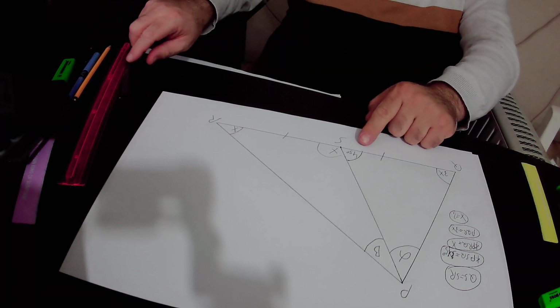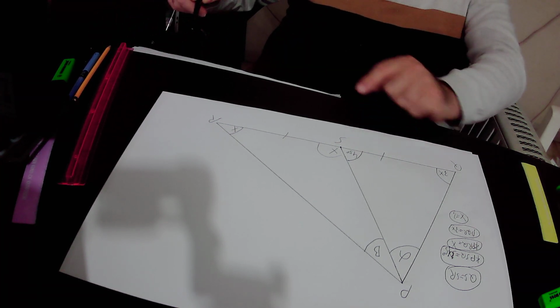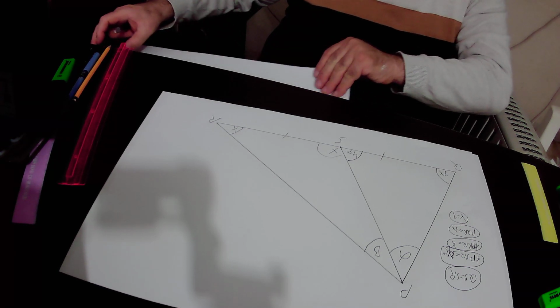That is to say, 45 degrees plus the angle PSR must be equal to 180 degrees.